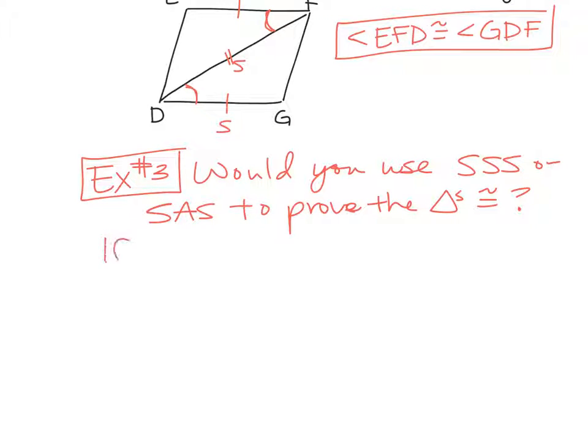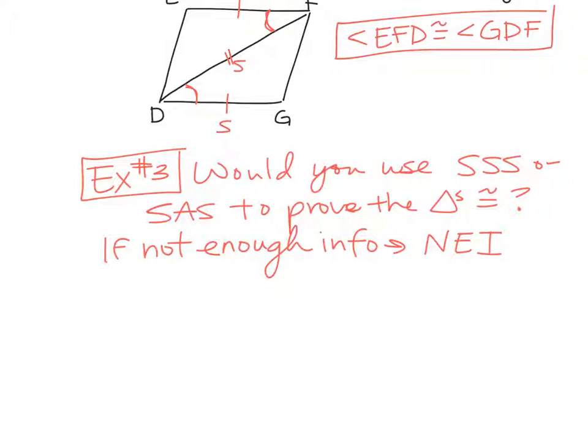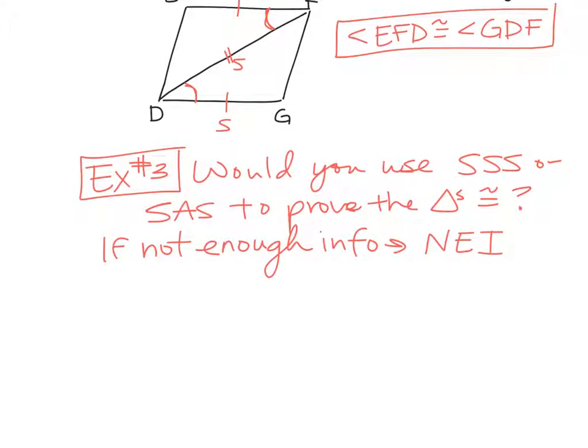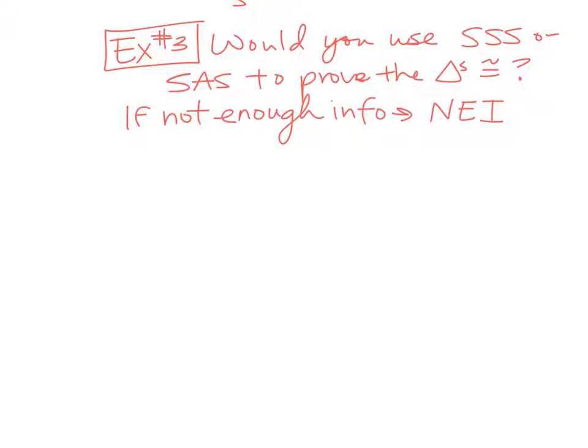And if there's not enough info to do either, you're just going to write NEI. Okay, so another three letters, right? Not enough info. So you're either going to say, yes, they're congruent, and here's why, SSS or SAS, or you're going to say, I don't have enough information to be able to tell. So then NEI, okay? So let's say our first picture looks like this.